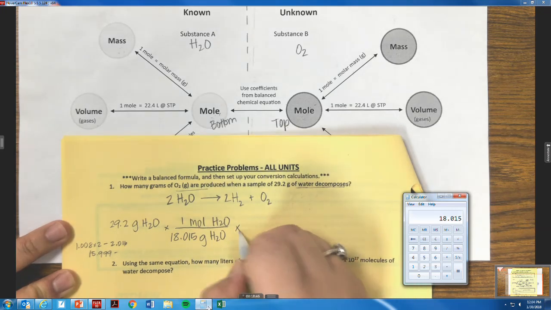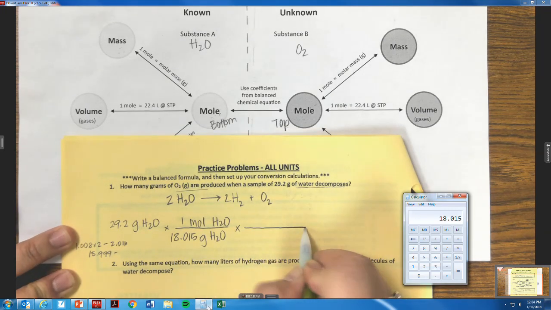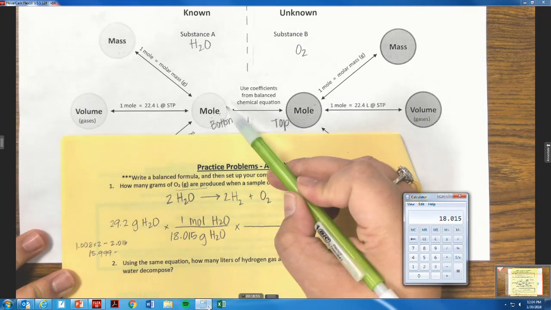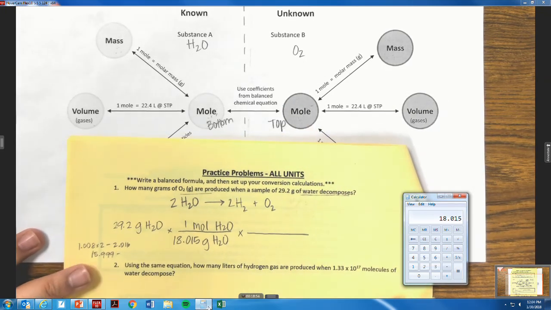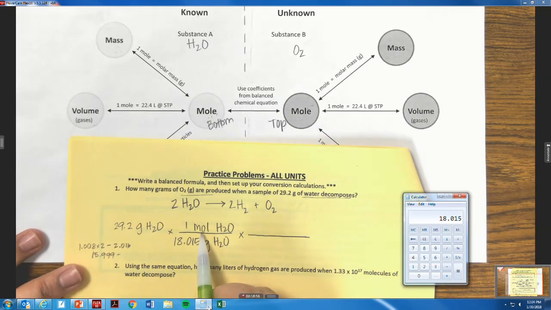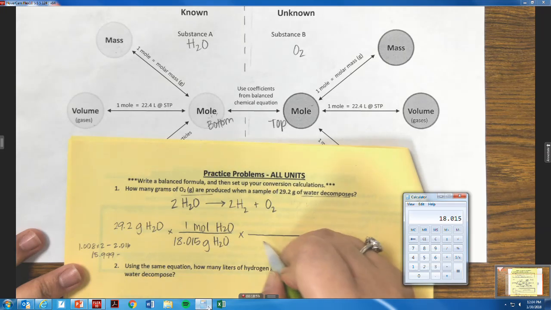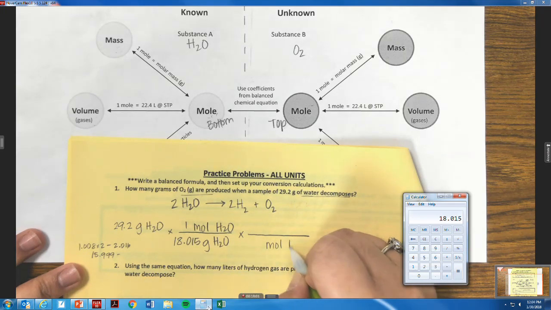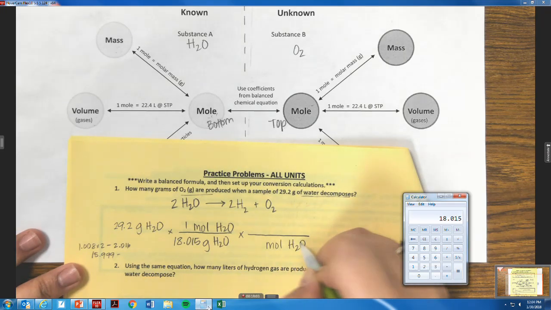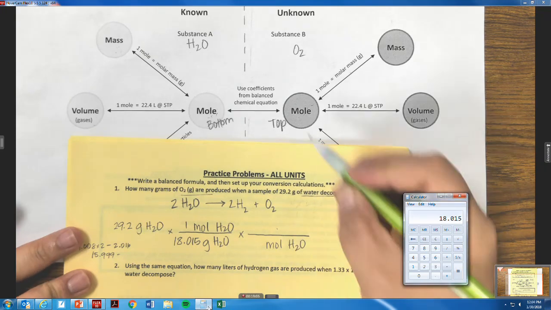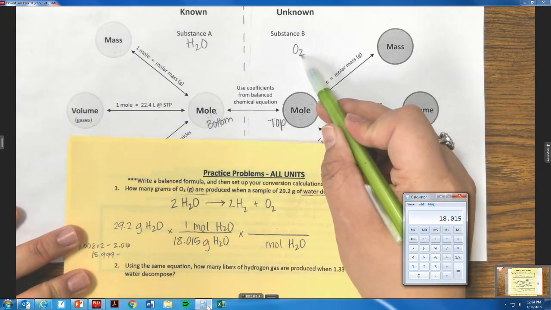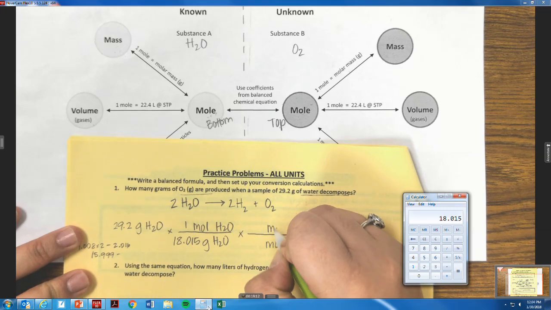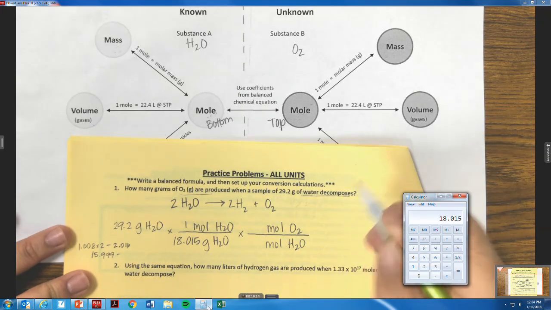Our second conversion factor now is going to be right here. We're going to be converting from mole to mole. If this is moles of H2O, then on the bottom needs to be moles of H2O as well, and what's on top is going to be moles of my unknown substance, which is O2.